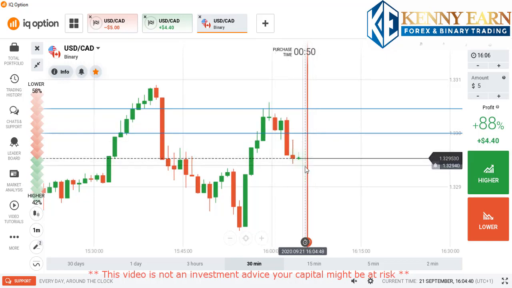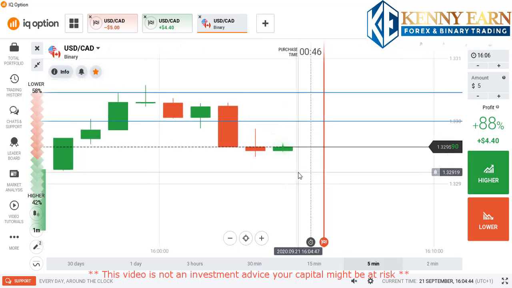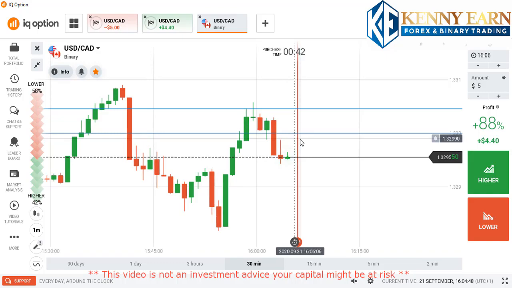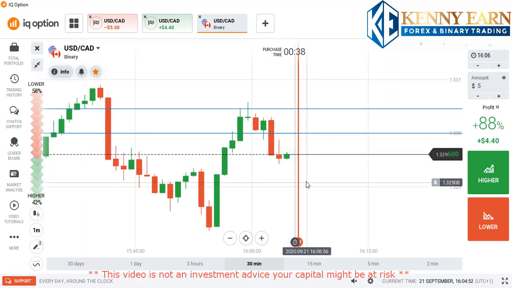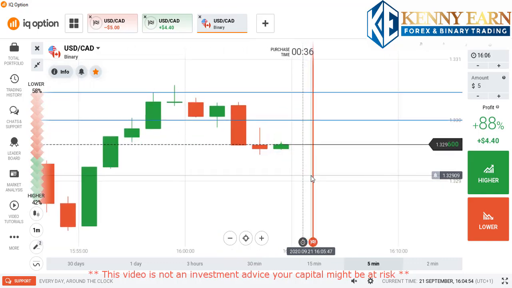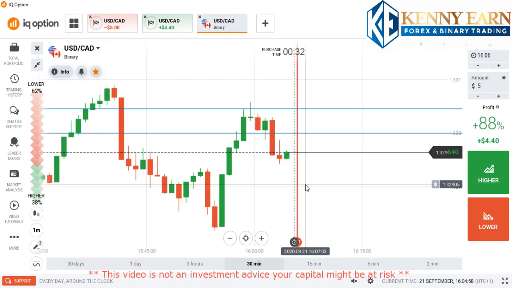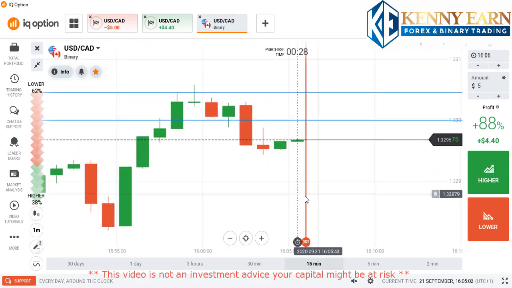Okay, we are still not getting any good movement, but I think buyers want to enter the market. Maybe a little retracement from buyers. Okay, we're having some little retracement from buyers here.